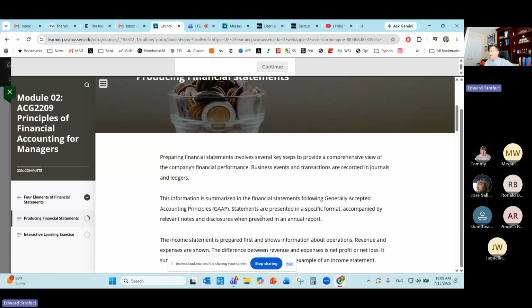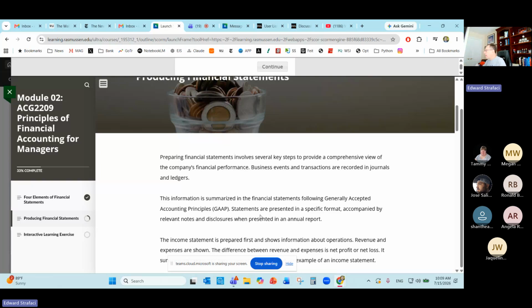And all of that, the way you handle these differences, or all of the possible ways to account, is according to GAAP, generally accepted accounting principles. The key words for this week are generally accepted accounting principles, which, if you're going to go in the accounting business, that is your Bible.